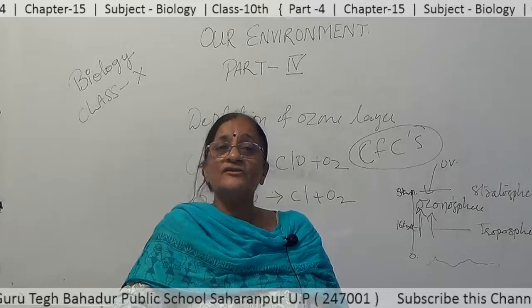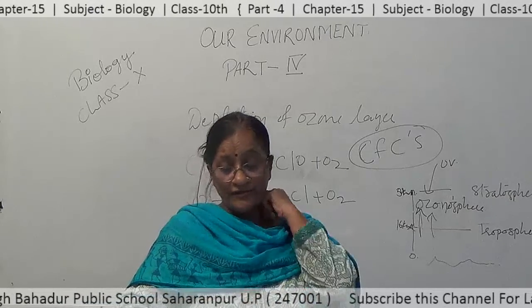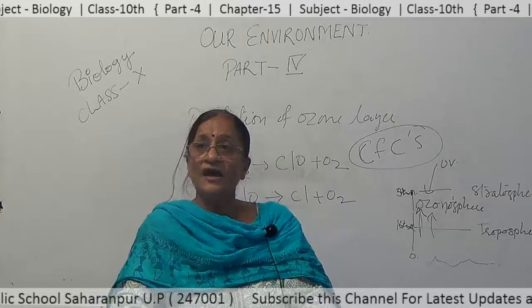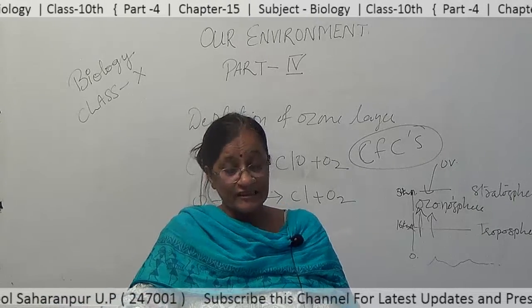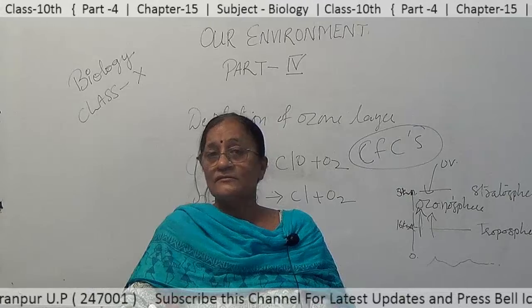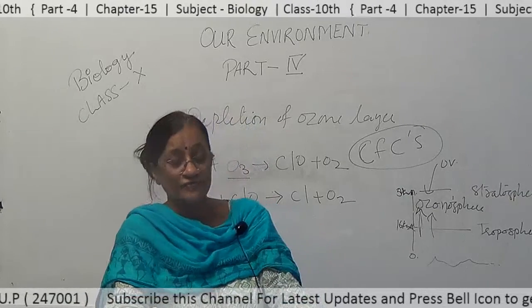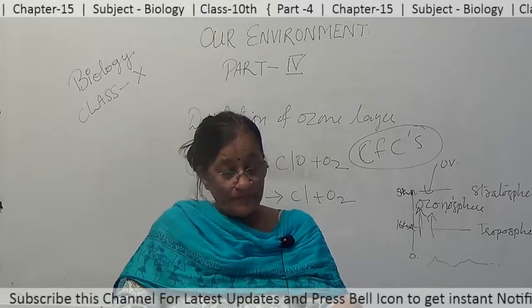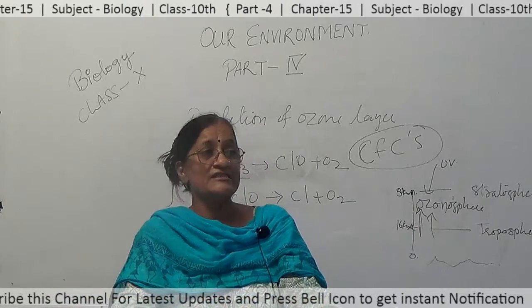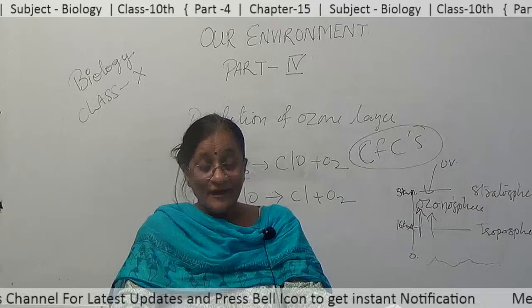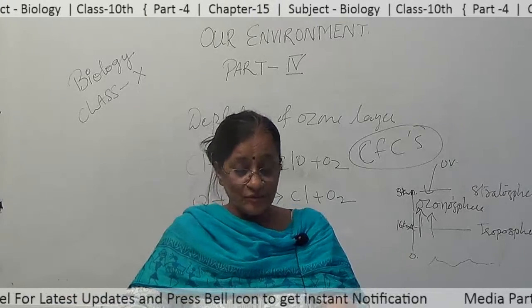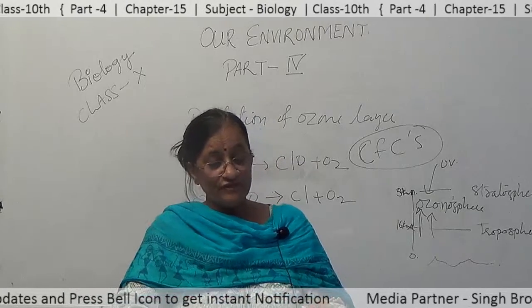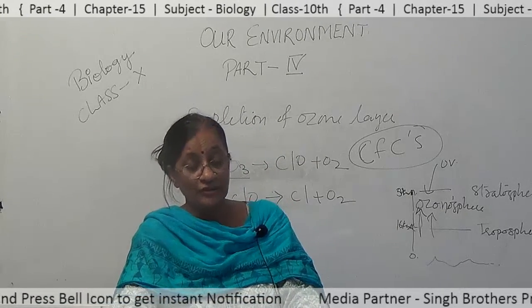Then agriculture and plants also get affected, because a decline in photosynthesis takes place due to the thinning of the ozone layer. Growth and leaf development of most plant species decrease on exposure to high concentrations of ultraviolet radiation, which are filtered by the ozone layer.